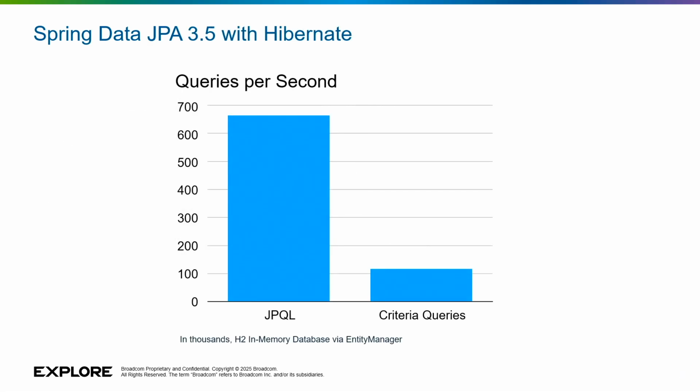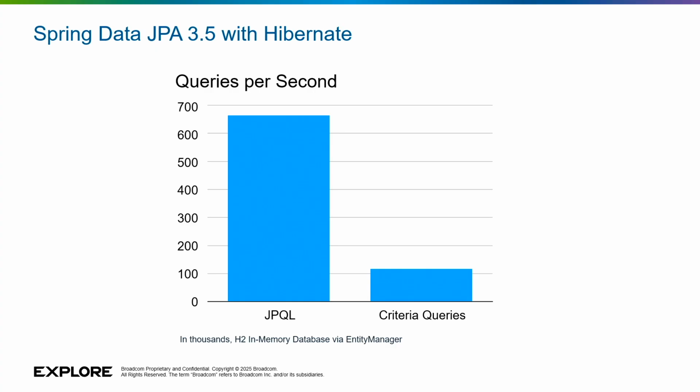Okay, so this is Spring Data JPA 3.5 with Hibernate. That was not Spring Data 4, Spring Data 3.5. So you can see with just JPQL straight entity manager access, you have 650 queries per second, and then about 100 criteria queries per second.